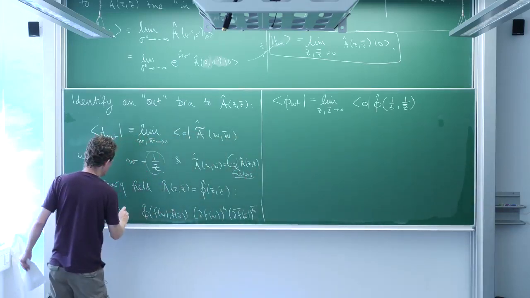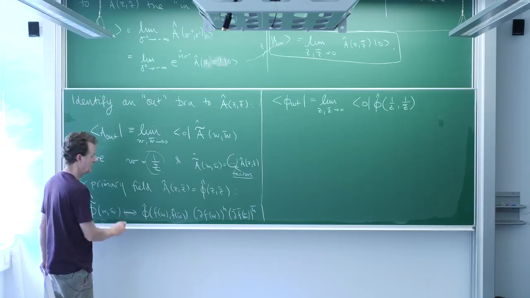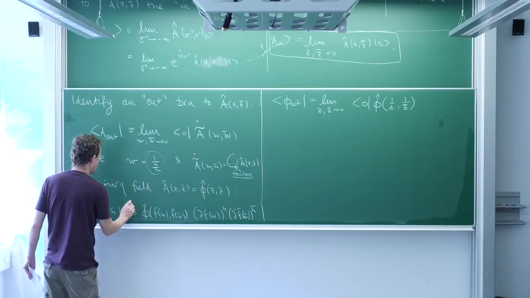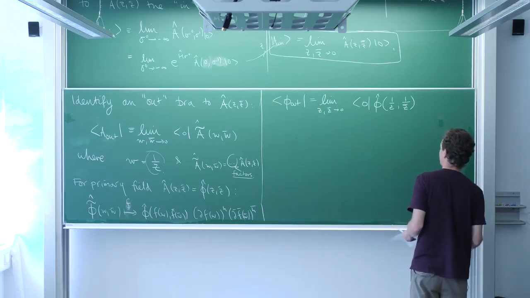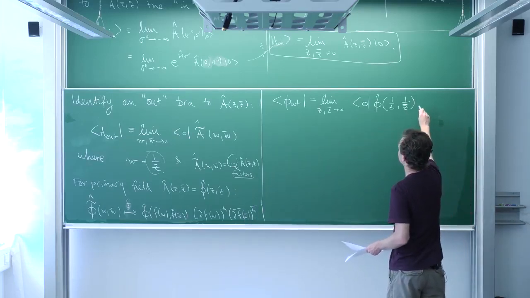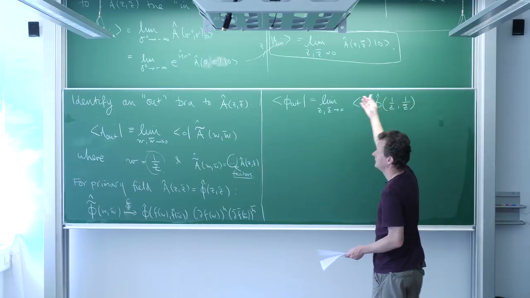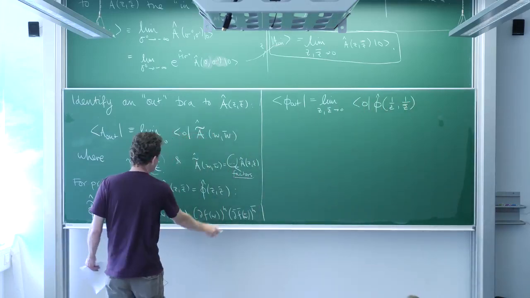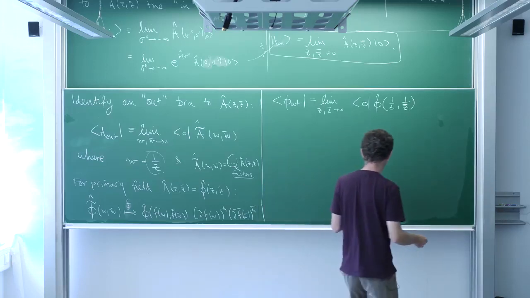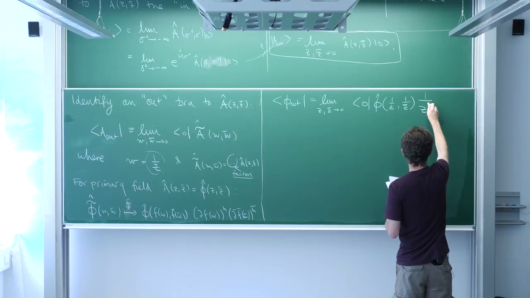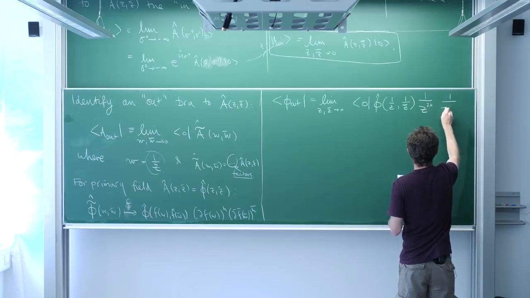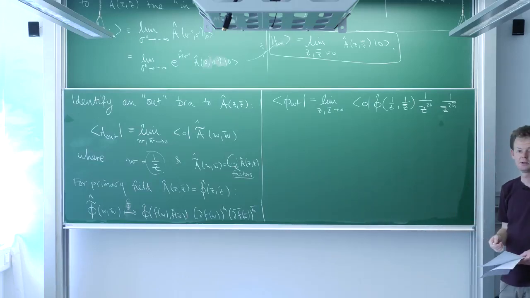We apply immediately this conformal transformation, w equals 1 on z. We use this rule for primary fields, and we pick up some factors for having done this transformation.